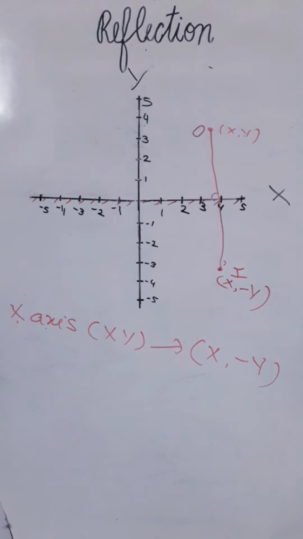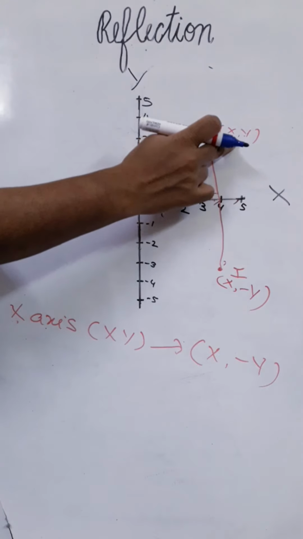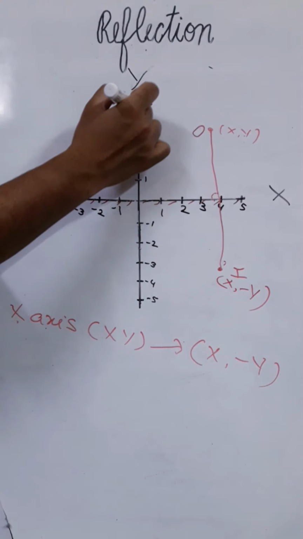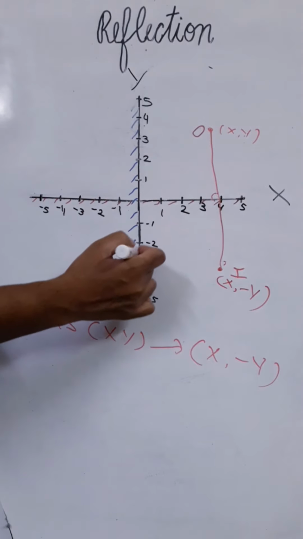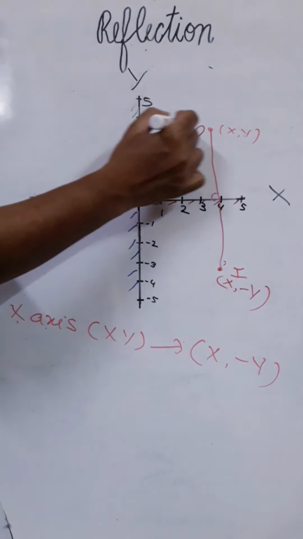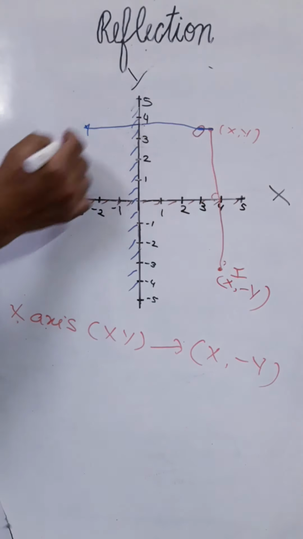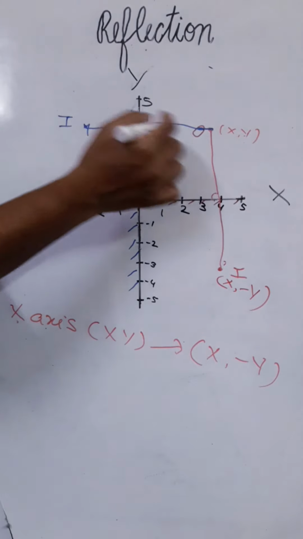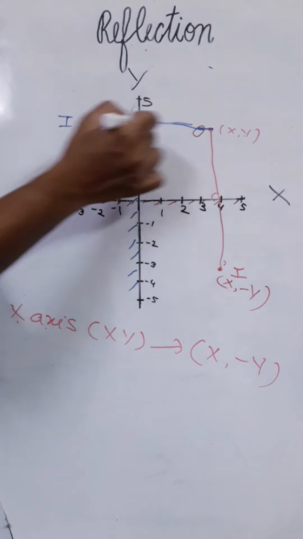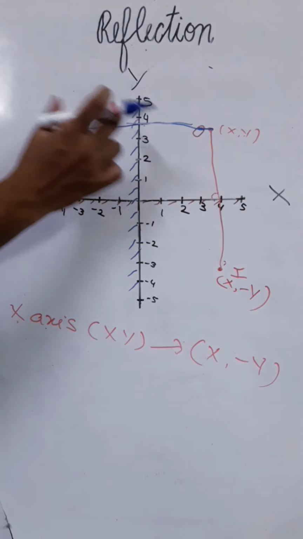Now I am taking, suppose your coordinate is here. Okay, now your coordinate is here, and I am keeping the mirror here. Now when I am keeping the mirror here, this distance and this distance will be equal. Now when these two distances are equal, here you will get the image. Now when you get the image here, you can see that the value of y is not changing, but the value of x is changing.